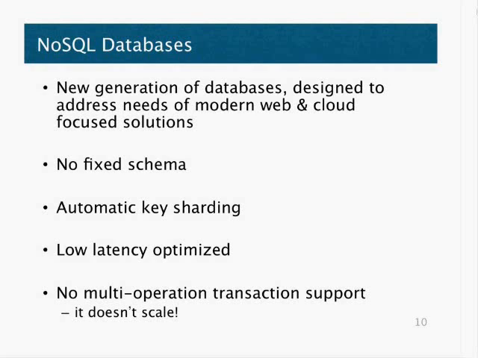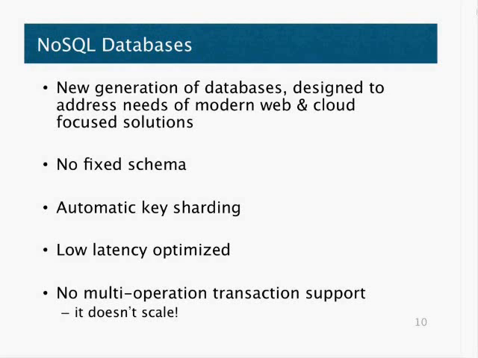Applications are free to store data basically in any format. Different pieces of data in the same database don't have to have the same fields. They don't have to have the same structure. And these NoSQL systems all are able to cope with that. And as a result, your application design can be much more evolutionary and can be much more flexible to accommodate new types of data and new types of need.